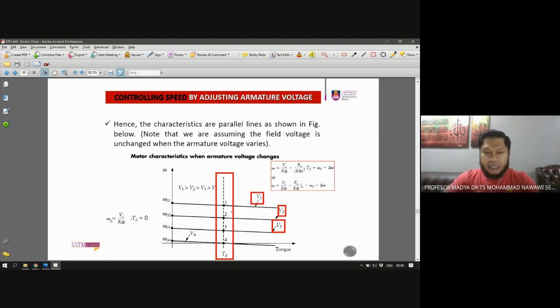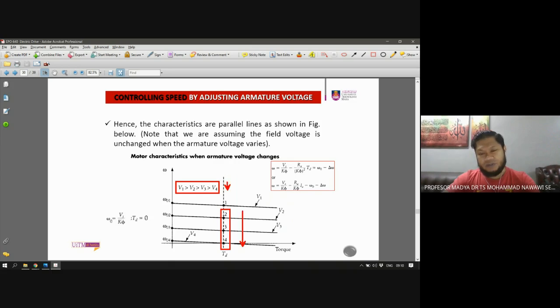As we reduce the voltage, the speed also drops, isn't it? As we reduce the voltage, the speed drops from omega 1 to omega 2, omega 3, omega 4. Right? Okay, so this operation is the basic of speed control.